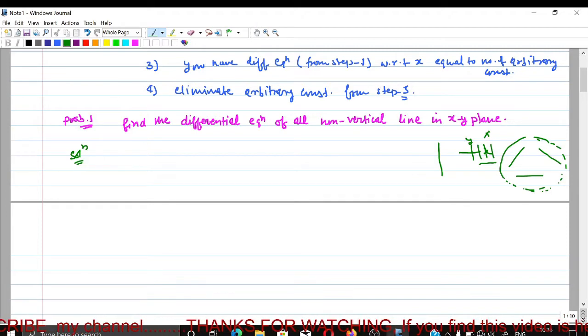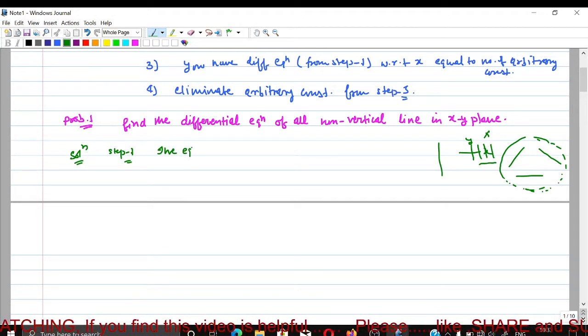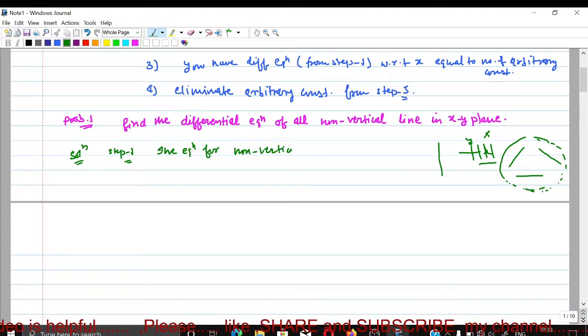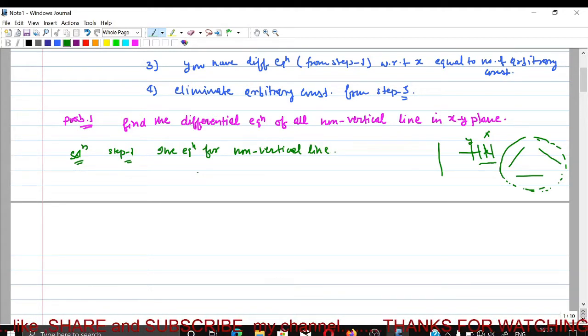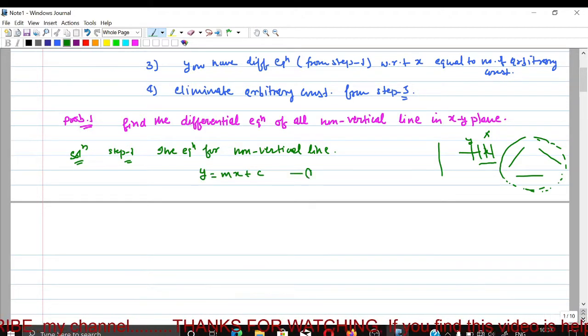So in step 1, the equation for a non-vertical line: you know the equation of a straight line, y equal to mx plus c. So we have completed our first step, that we are able to extract the equation from our given problem statement.